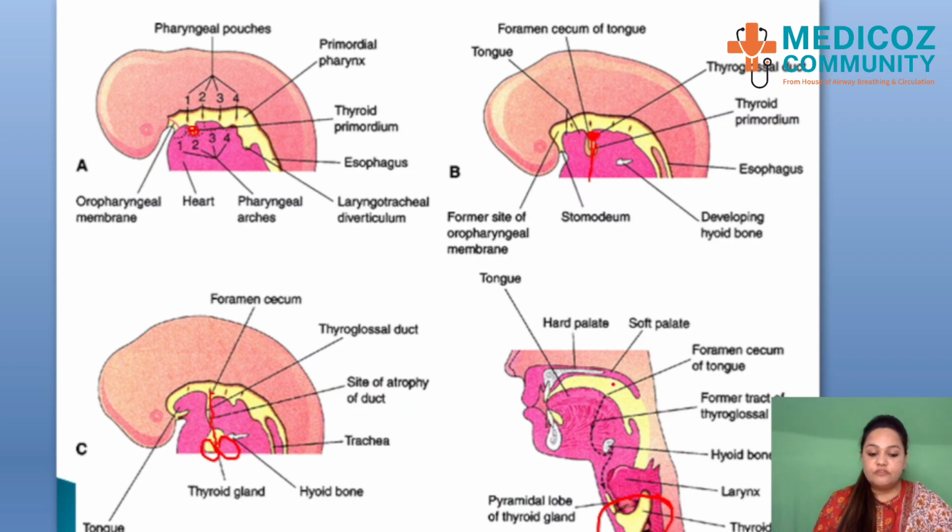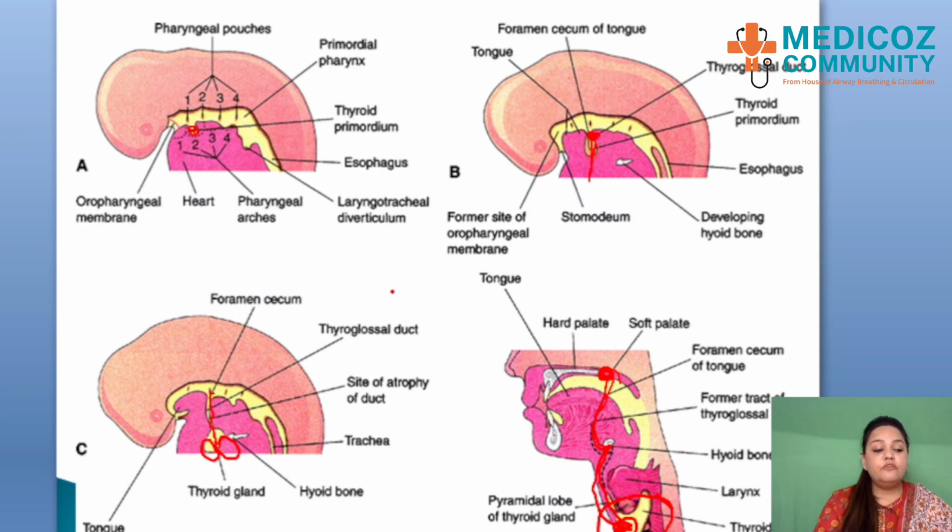So that's how the thyroid gland starts developing from the foramen cecum, goes all the way downward, and finally reaches its position. This is the migratory pathway of the thyroid gland.